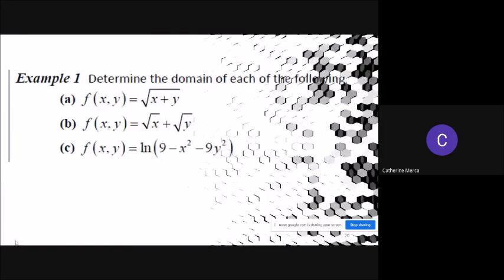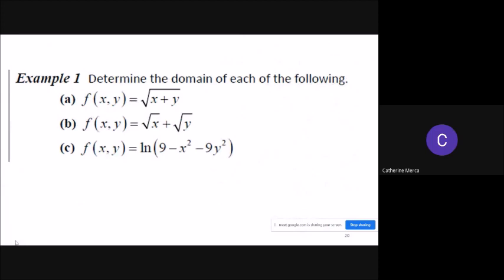So let's have the following example. Determine the domain of each of the following. When the expression is inside a square root, what values can x plus y take? Can x plus y be negative? No, because it would be undefined. The square root can only be taken, in terms of real numbers, of a positive value, including 0.